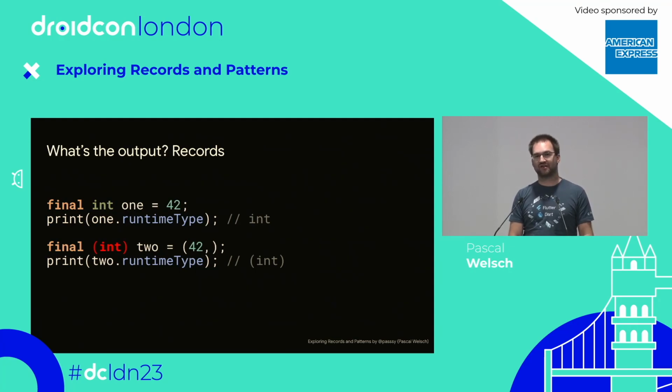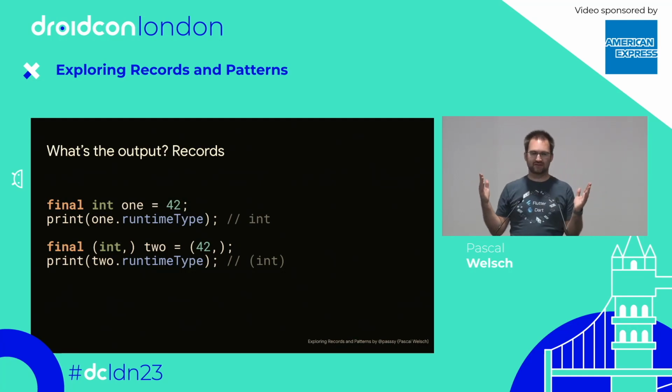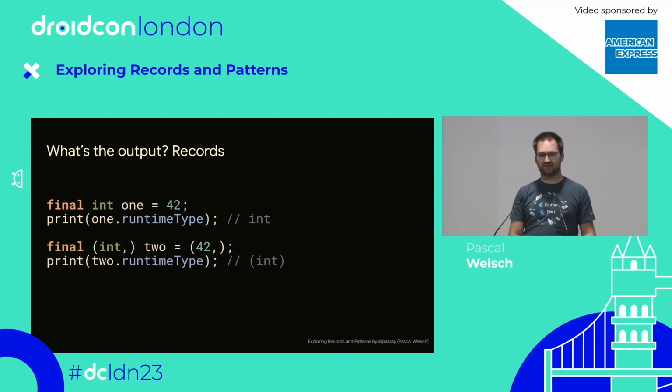You cannot define a type like this. You have to add the comma for a single element. So quite interesting. You don't have to add a comma at the end if you have multiple elements. Then it's fine. The compiler can detect the difference. But for a single element, you have to add it. I don't think anyone here will use a record with a single element, but theoretically it's possible, and it's quite funny.